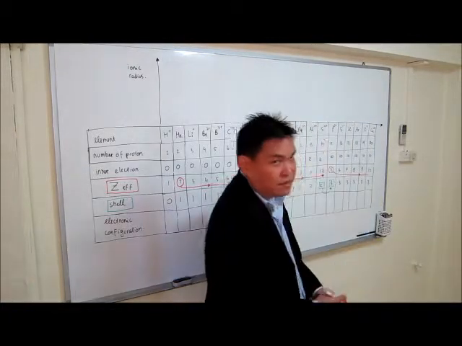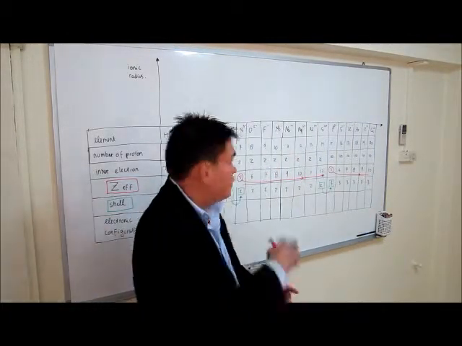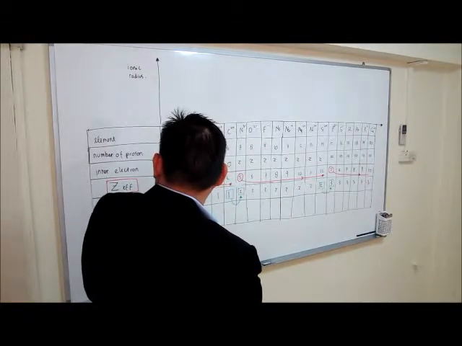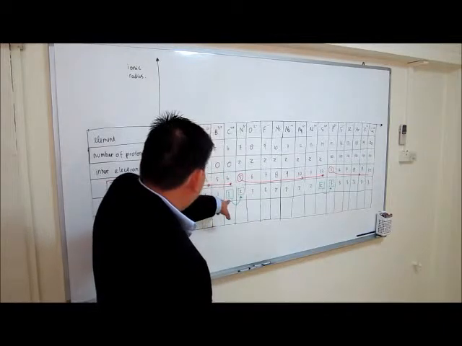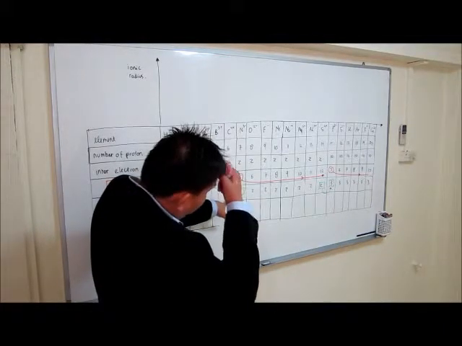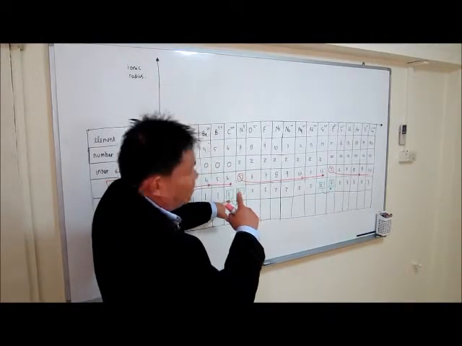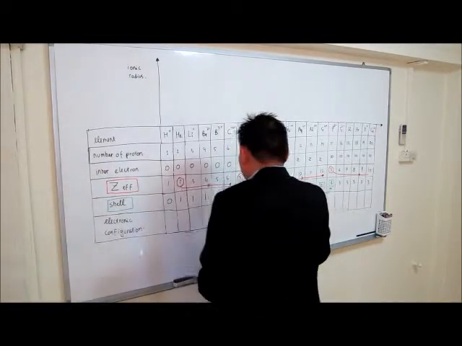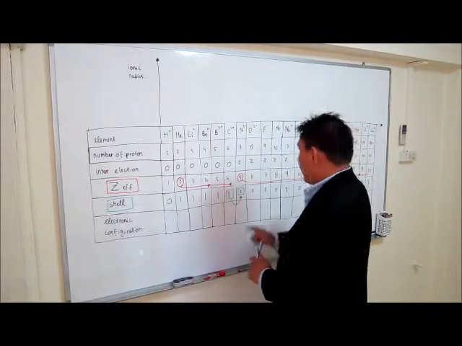So this red marker represents a decrease. This green arrow represents a very significant increase in ionic radius.